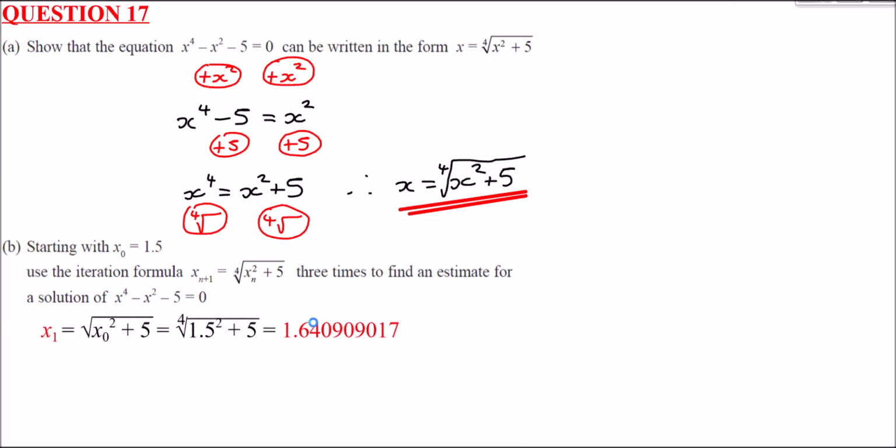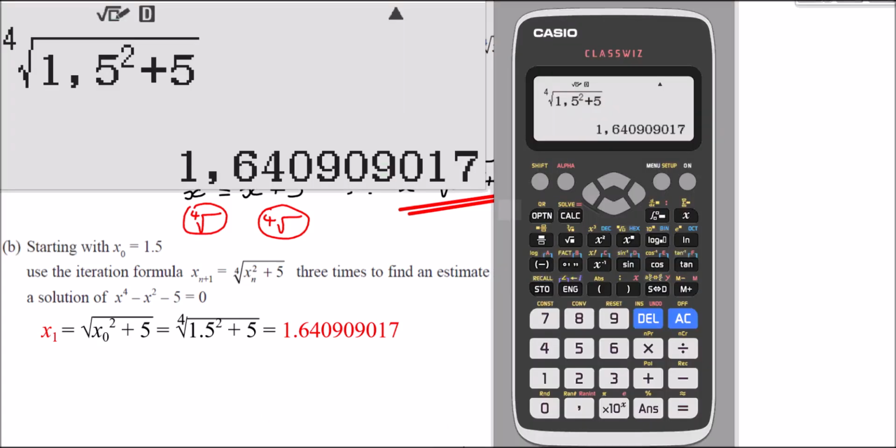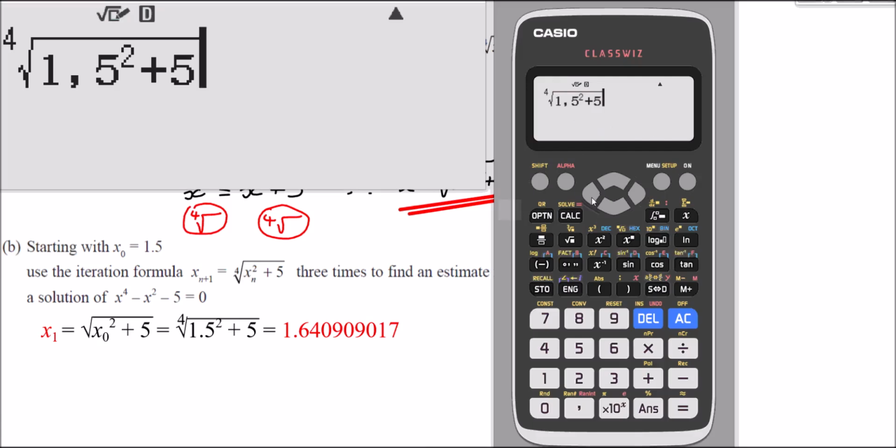Now for x2, I now need to work out the previous value. So x2 will be the fourth root of x1 squared plus 5. What I can do now is type this number into the calculator in place of 1.5 squared. I'll show you the quicker way after.